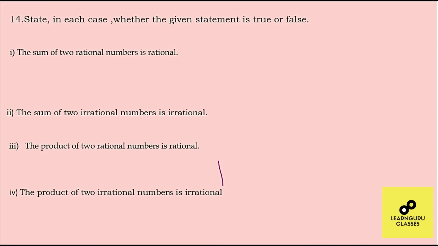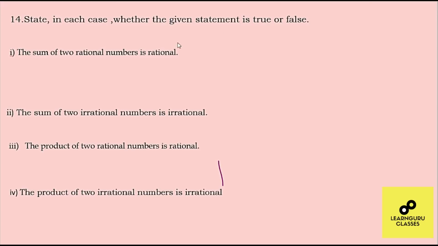The last question is, state in each case whether the given statement is true or false. So the first statement is, the sum of two rational numbers is rational. Yes, of course, it will give you a rational number if two numbers are rational.